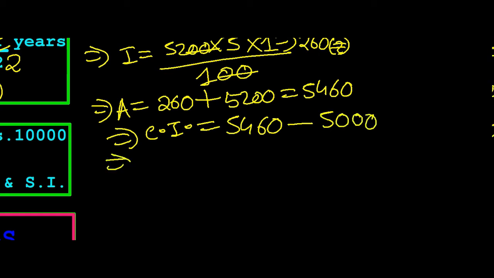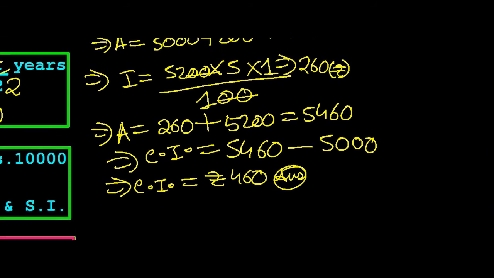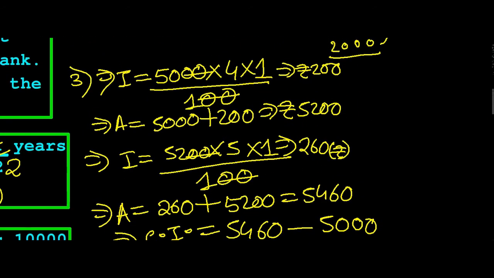Okay, so CI is equal to rupees 460, which is the compound interest at the end of the second year.